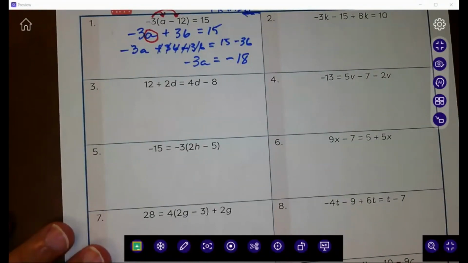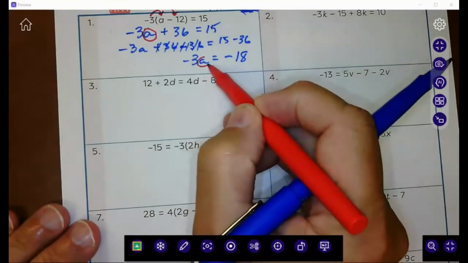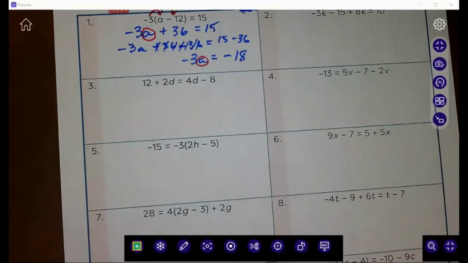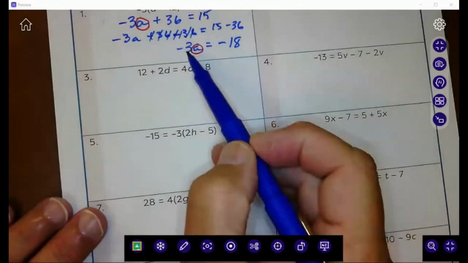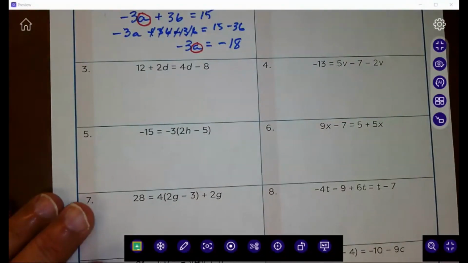All right, so again, we're focusing on the variable. We look to see what's being done to the variable. In this case, we are multiplying by a negative 3. So, Miss Dishman, what are we going to do to both sides?